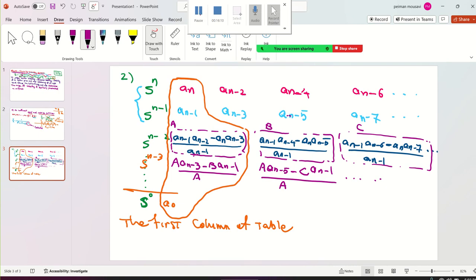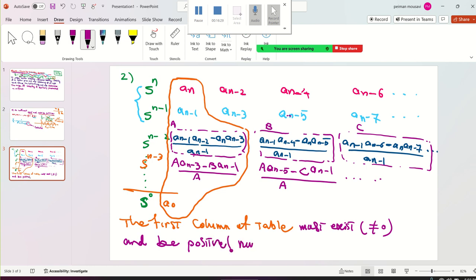The first column of the table must exist, means non-zero, and like previous case, be positive. This is very important.